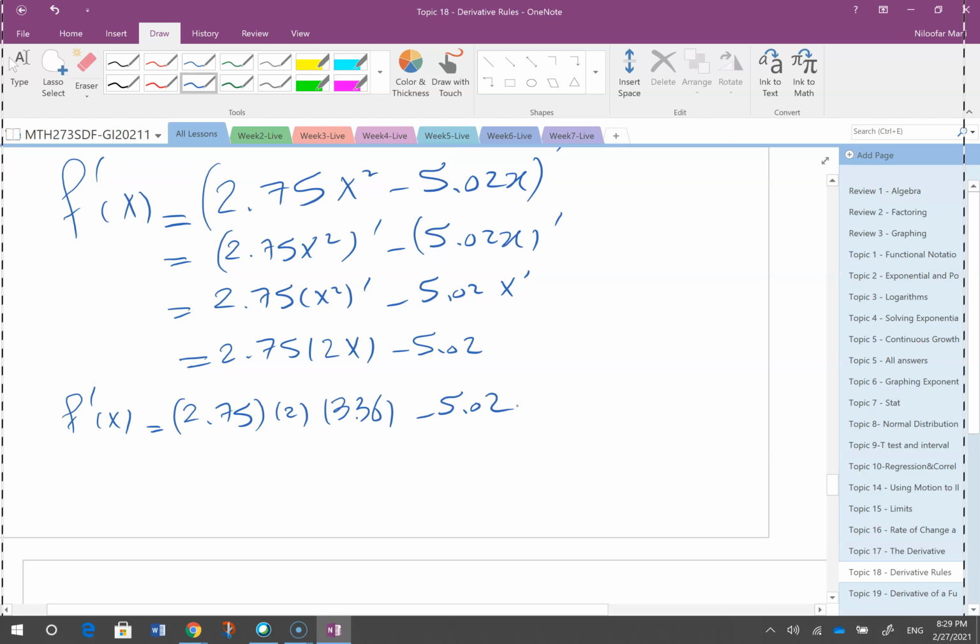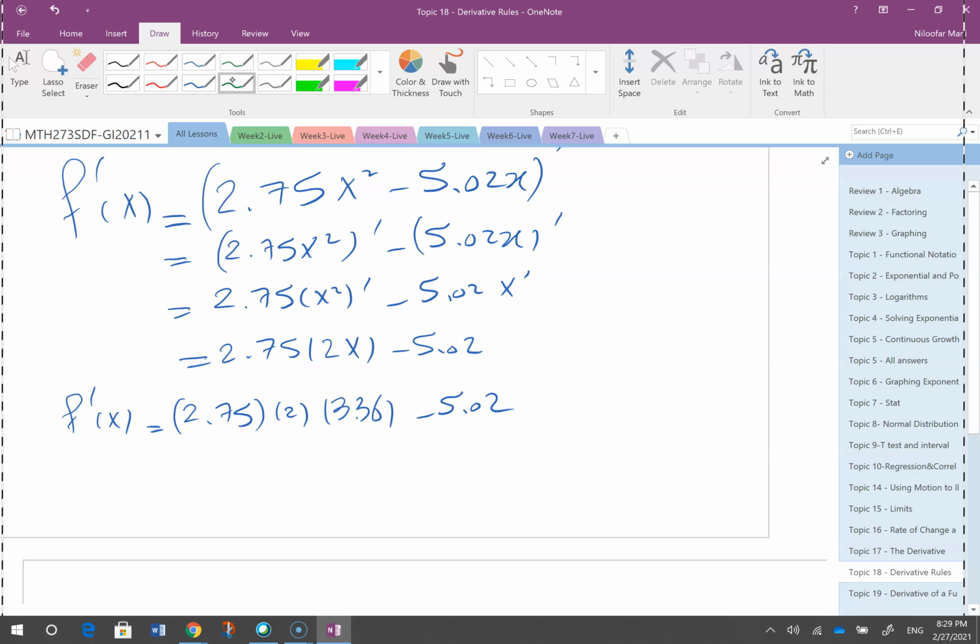The 2 here is an exact number because that's a power of 2. That power comes there as a formula. That's exact. So here I can tell you, find the answer. That's done. You can use your calculator, find the answer.